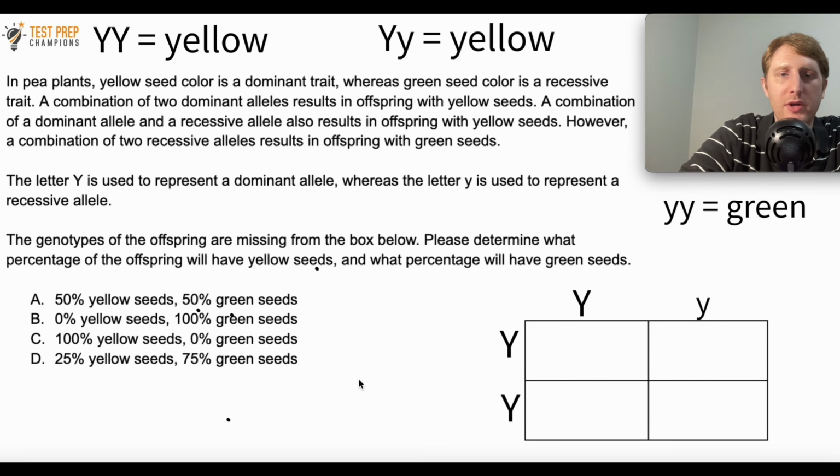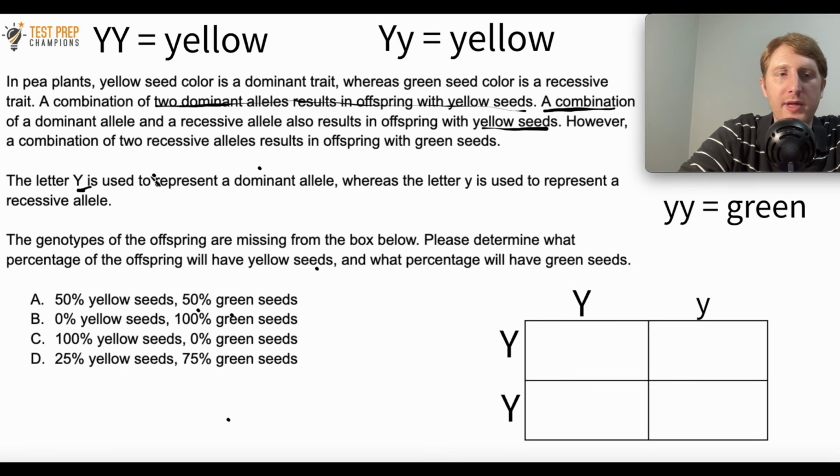Okay, so I want to start off by going over the different combinations here. We know that a combination of two dominant alleles results in offspring with yellow seeds. And the dominant allele is the big Y, the capital Y. So two capital Y's results in yellow. Now, we also know that a combination of a dominant allele and a recessive allele also results in yellow seeds.